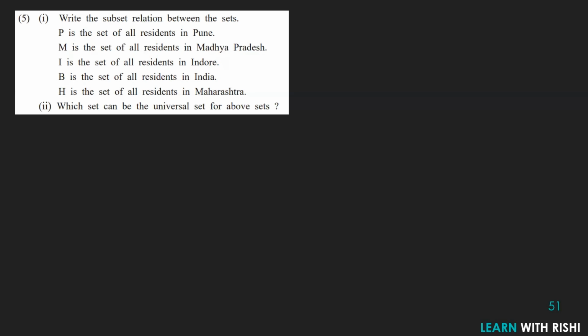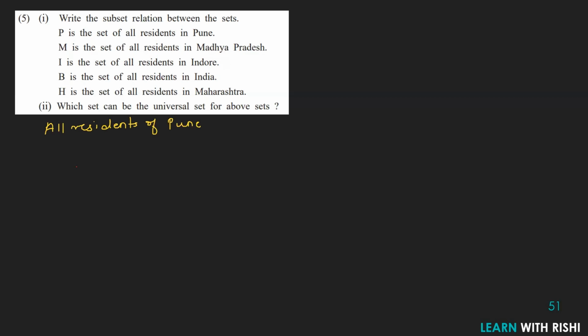First we'll start with Pune. We can write all residents of Pune. All the people living in Pune are also residents of Maharashtra, right? If they're living in Pune, they're living in Maharashtra.